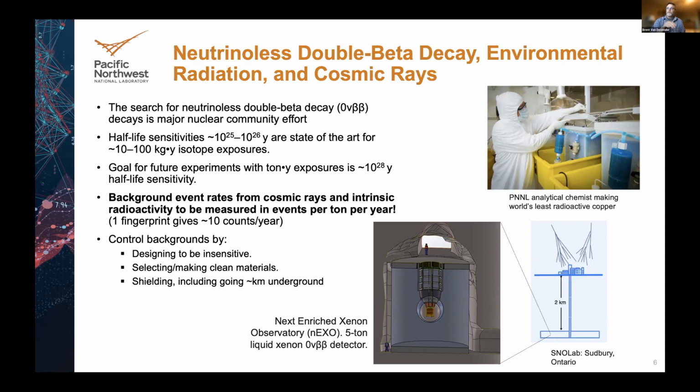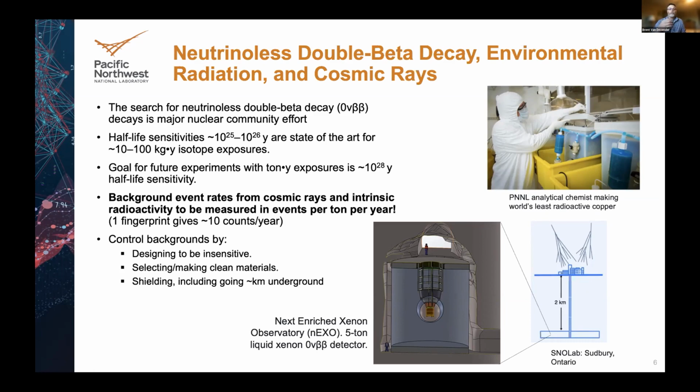Now, you still have a chance of seeing these things decay because radioactive decay is random. Some of them will have happened, especially if you look at lots of material, because Avogadro's number is huge. And so the past experiments that set these limits have looked at 10 to 100 kilograms of candidate isotopes for about a year at a time.